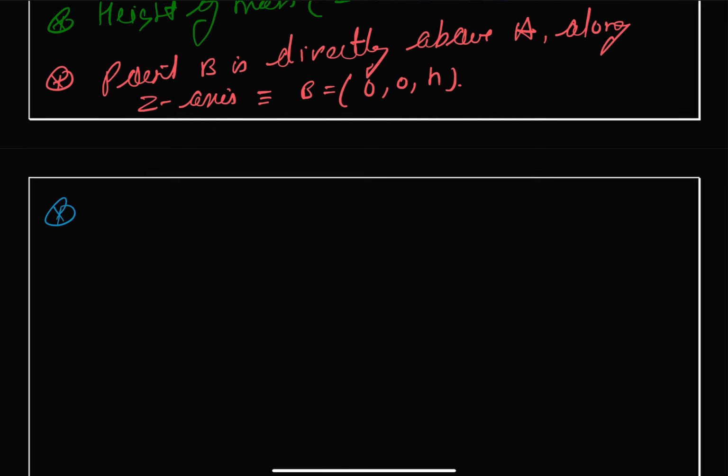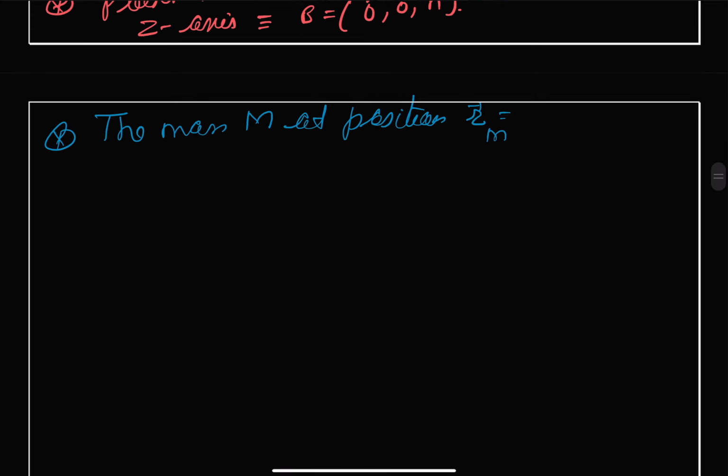So we can say the mass m at position, let us suppose that is our Rm, and we can write its position as R cos of omega t, R sine of omega t, and z.